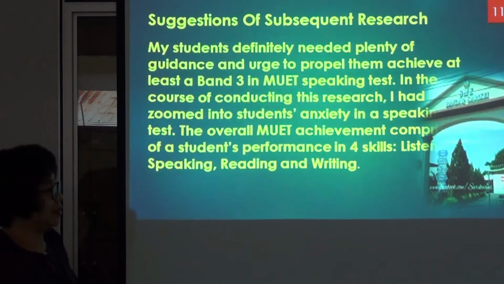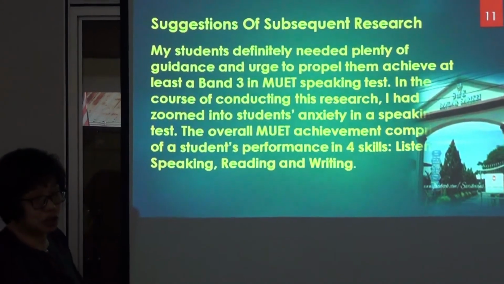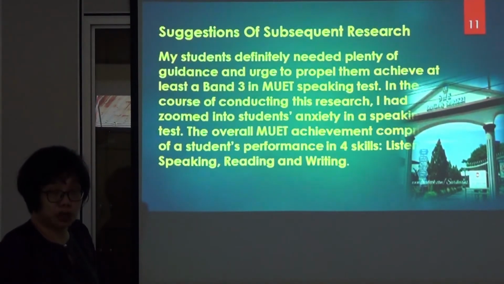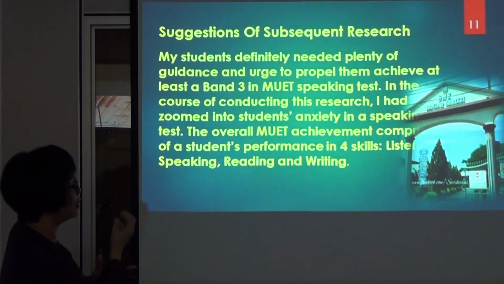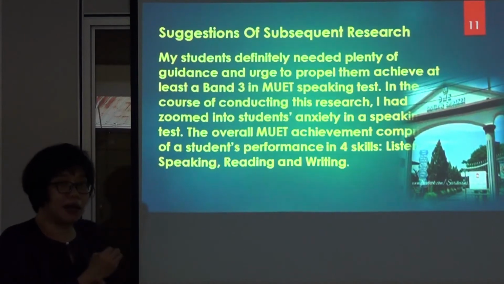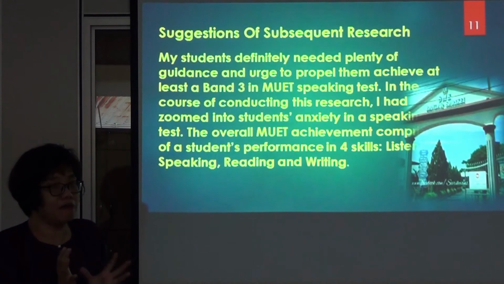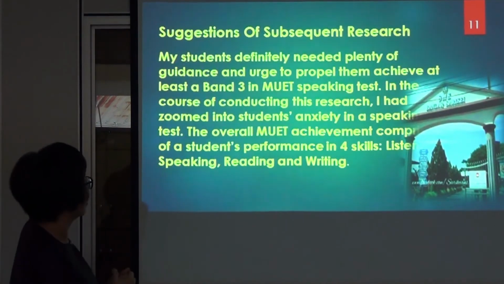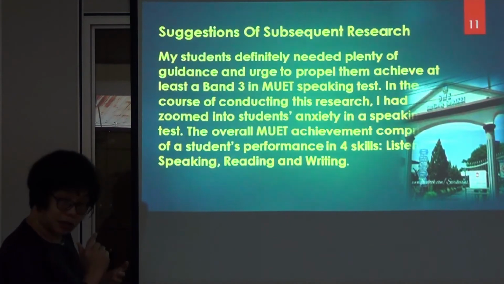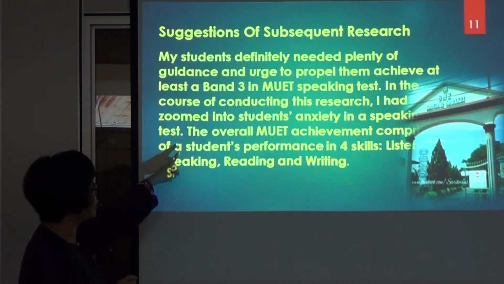My students definitely need plenty of guidance and urging to propel them, to push them to achieve at least a band 3 in the MUET speaking test, because this will definitely affect their overall achievement. In this research, I zoomed into students' anxiety.